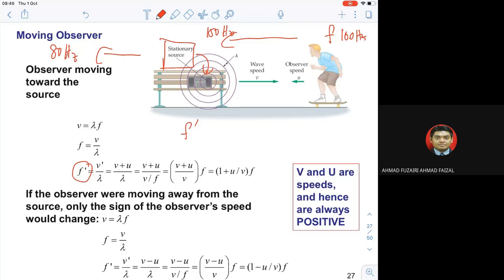That's why f prime is not the real frequency. The real frequency comes from the stationary source. The sound produces the original frequency, but f prime is the frequency heard by the observer.